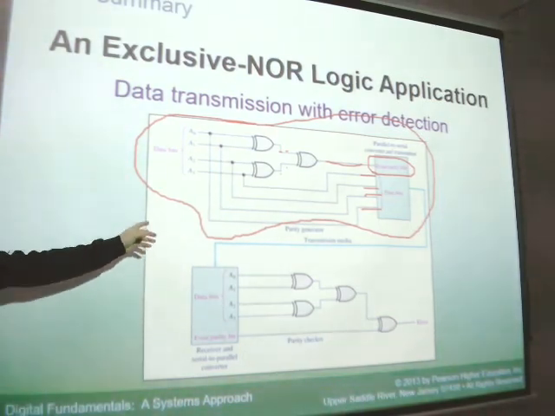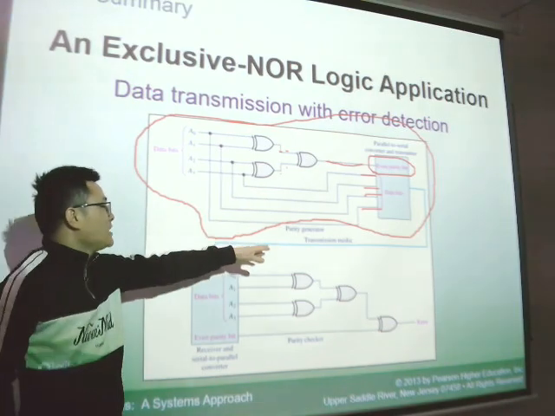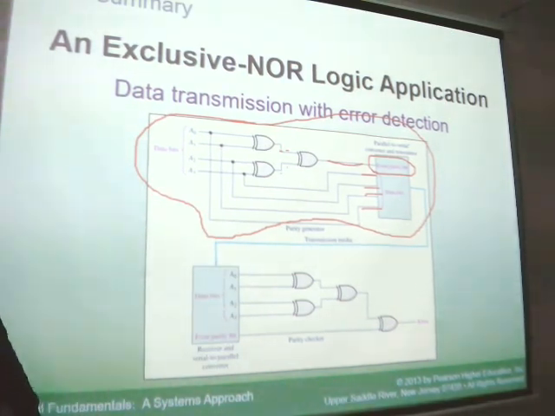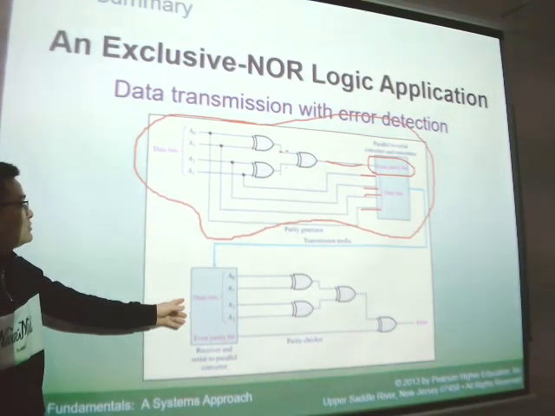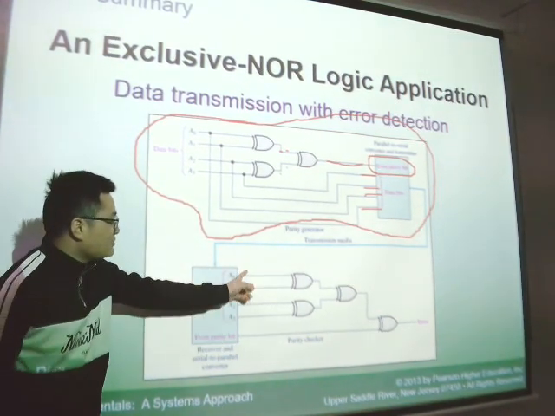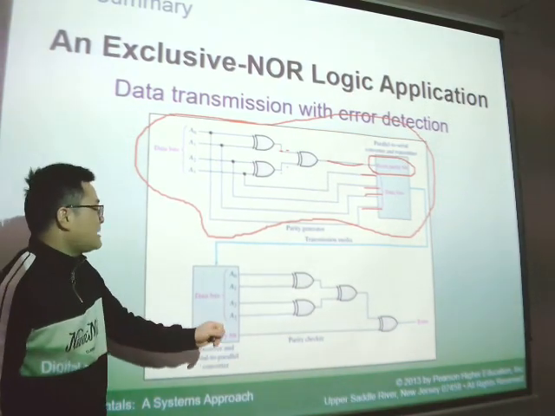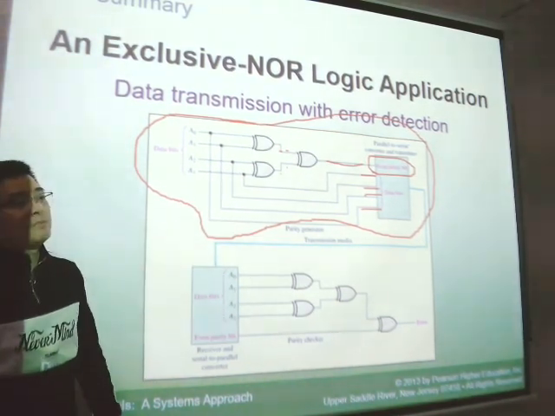When the data is transmitted by the transmission media to the terminal, the data bits must also be checked, and the even parity bit must also be the same.